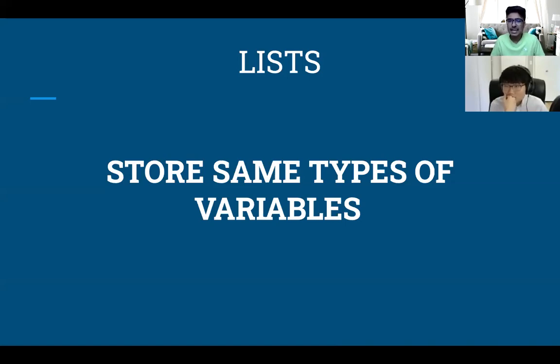A list allows programmers and people like us who code to hold multiple values which are of the same type. What do I mean by that? You can't have an integer like the number 5 and the word banana in a list because they're two different types. However, you can have the same type in a list. Say I have a string list called fruits, I can store bananas, apples, mangoes, whatever I want.